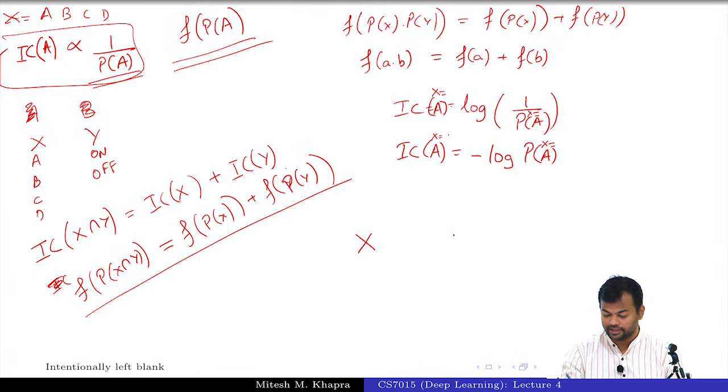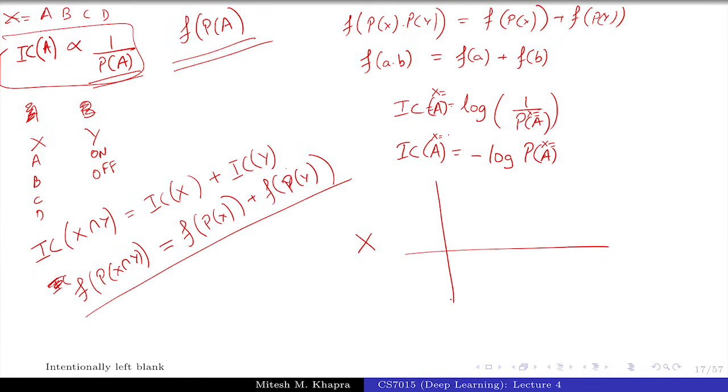Now let's take this random variable x, which can take on values a, b, c and d. As I said, with each value there is a probability associated with it, such that this sums to 1.